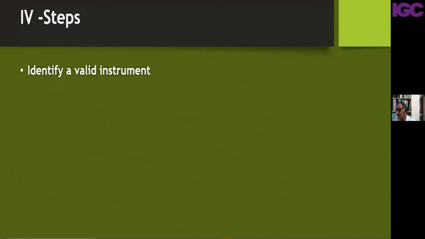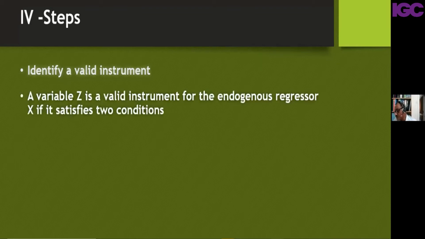The steps. Firstly, we need to identify a valid instrument. So what is a valid instrument? A variable z is a valid instrument for the endogenous regressor x if it satisfies two conditions. One is it should be relevant. That is, the correlation between z and x should not be 0.